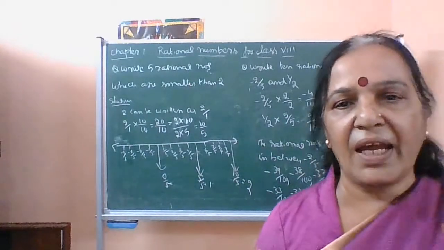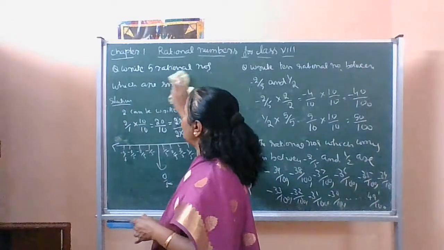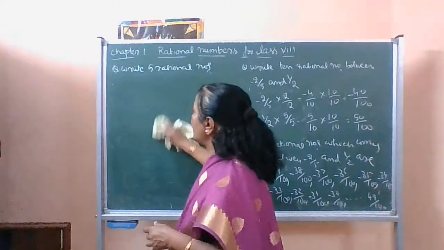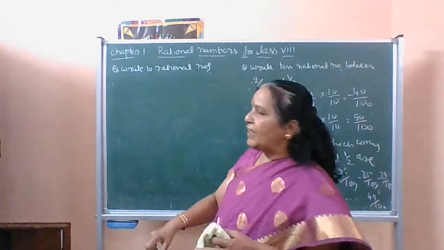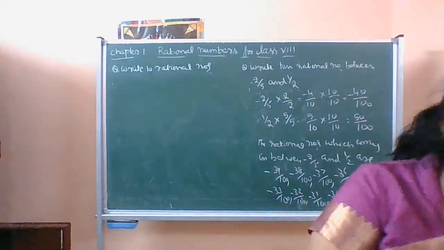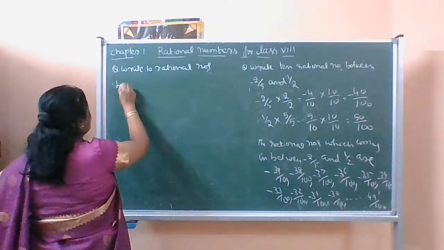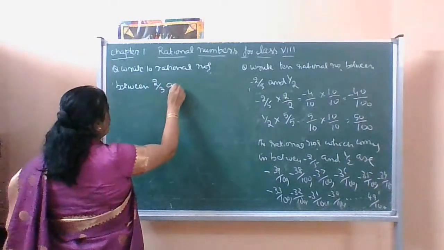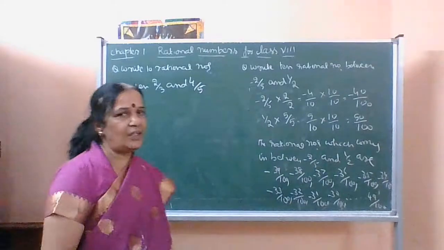This also you can write the same way: find 10 rational numbers between 2 by 3 and 4 by 5.